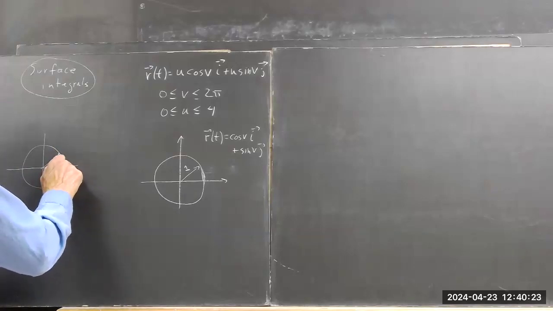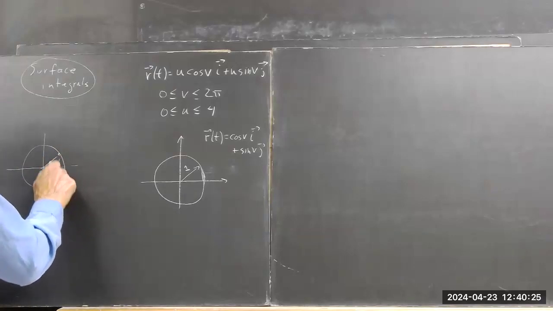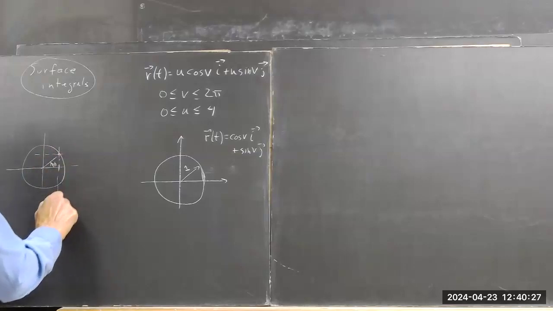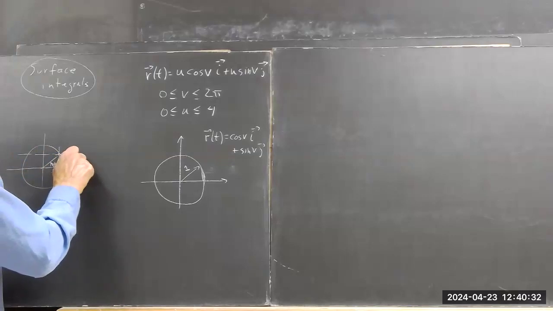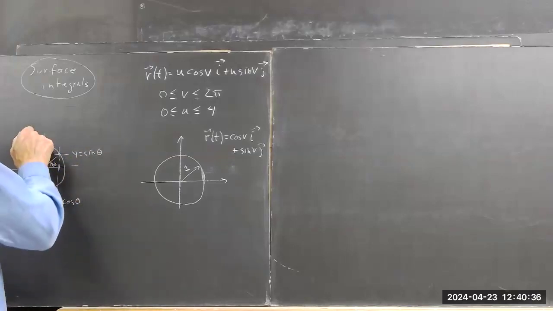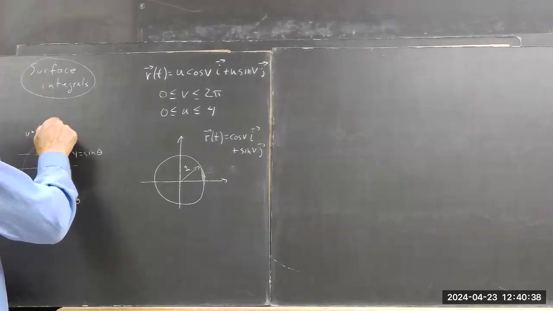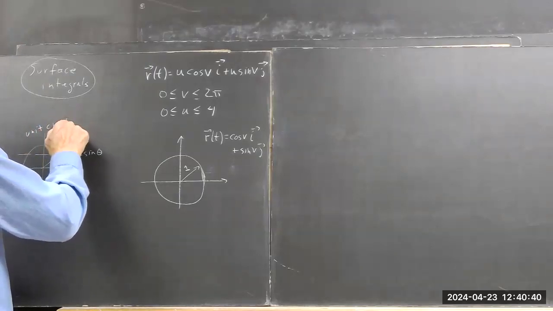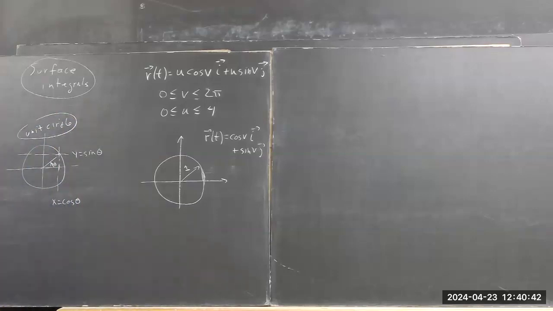Here's theta. X is cosine theta. Y is sine theta on a unit circle.